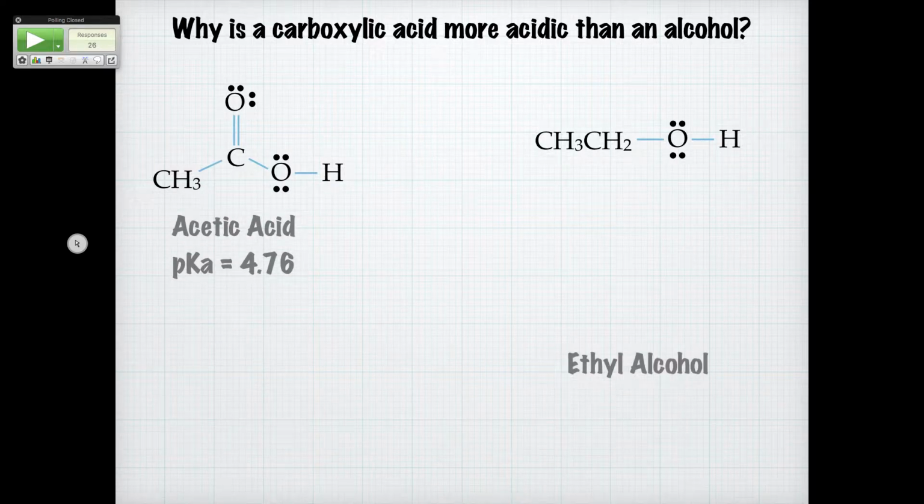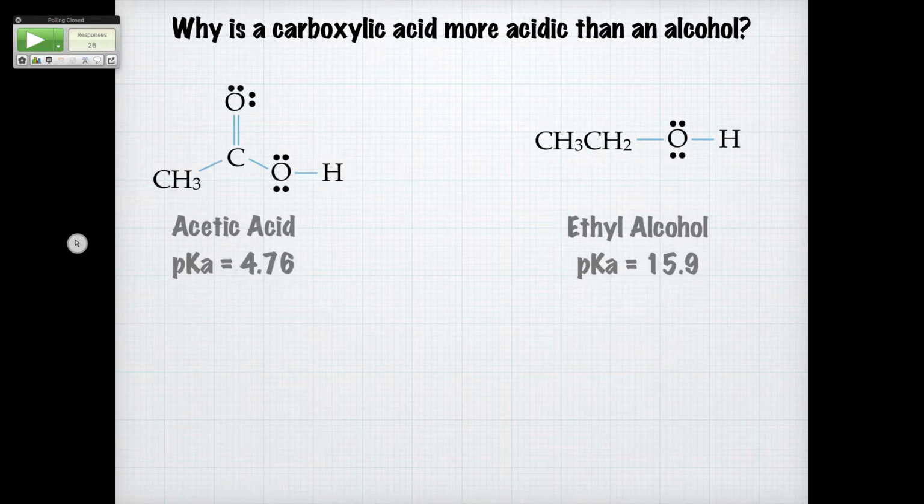Why is a carboxylic acid more acidic than an alcohol? These 2 things are kind of similar, aren't they? Here's the pKa of acetic acid, and here's the pKa of ethyl alcohol. The carbon right here is bonded to 2 oxygens, and the carbon over here is only bonded to 1.